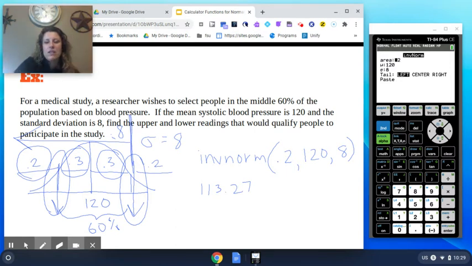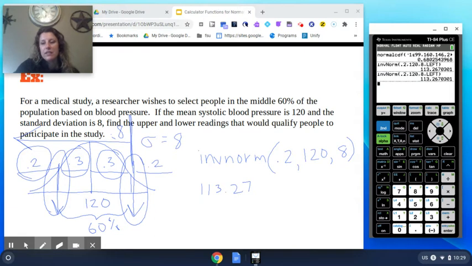Again, we're keeping the same mean of 120 and the same standard deviation of 8. Again, this is an area to the left. I'm showing that because if you do not have this menu, you always want to use area to the left. And paste. Oops, it did not change my area to 0.8. Sorry, guys. Let me go back and enter that one more time. I thought I had entered 0.8, but maybe I didn't.